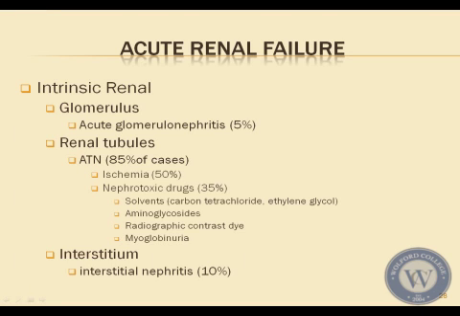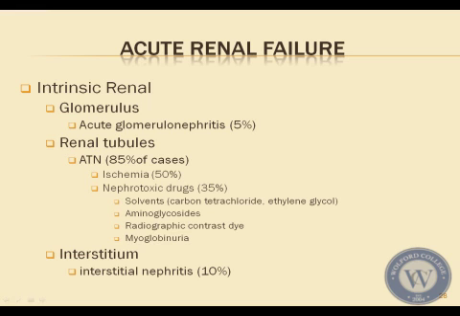Now, if you look at intrinsic renal diseases, glomerular diseases like acute glomerulonephritis account for about 5%. Most acute renal failure due to intrinsic renal disease is ATN related, which is acute tubular necrosis of the renal tubules, usually the proximal tubules. Most of it is associated with ischemic events, but another fairly high percentage of these 85% of causes is due to nephrotoxic agents, around 35% of the whole.